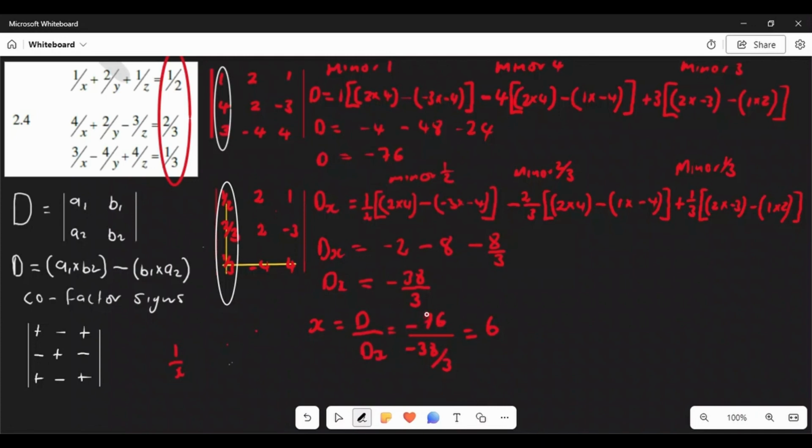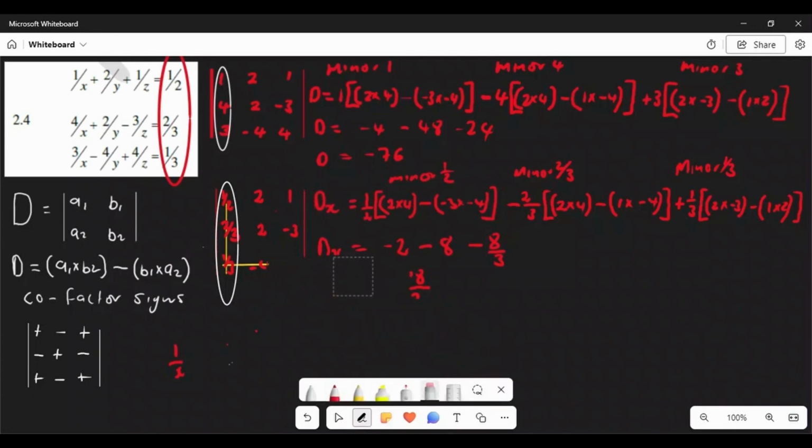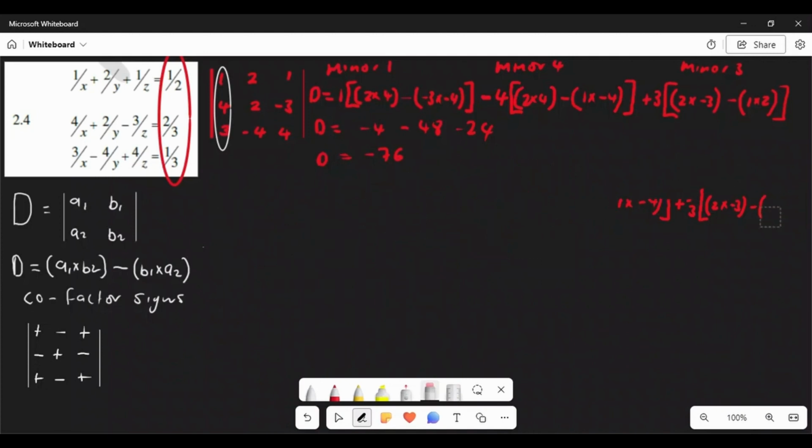So let me erase this so that we can get dy. All right, guys, so let's get dy. Before we get dy, remember, now it's time for us to move this answer to the column where our y is.